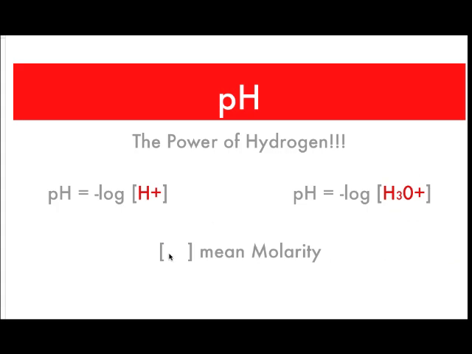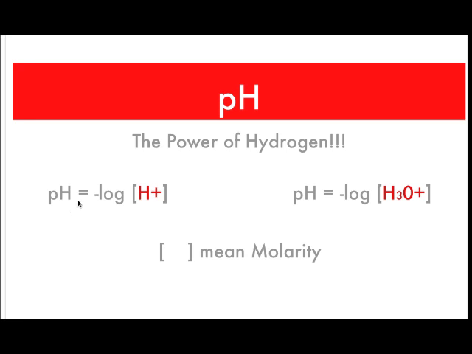These brackets here that you keep seeing, that represents molarity, which is a concentration. pH is the power of hydrogen. So it's how strong the hydrogen is in an acid or in a solution.